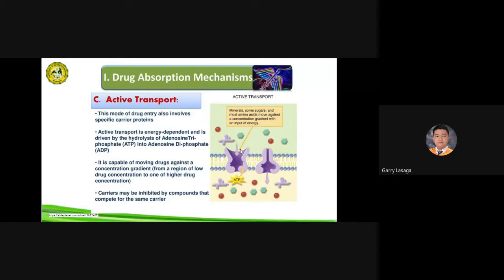So what is our example of an active transport mechanism? An example of our active transport mechanism is the sodium-potassium pump. What is the function of the sodium-potassium pump in the body? Any volunteer?